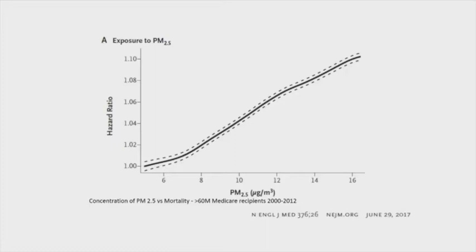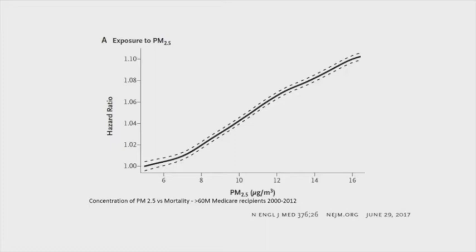So this is just up to 10 micrograms per cubic meter. And linear association, even at the lowest dose, so there is no safe dose of PM 2.5, and this was very, very compatible with previous studies that had been done in India and China at literally order of magnitude higher doses.